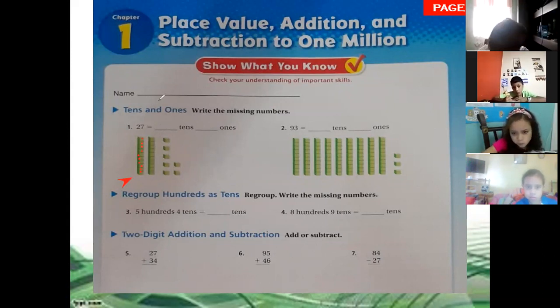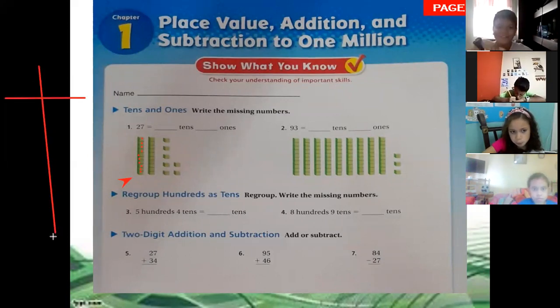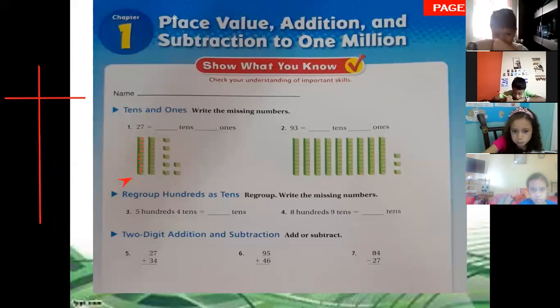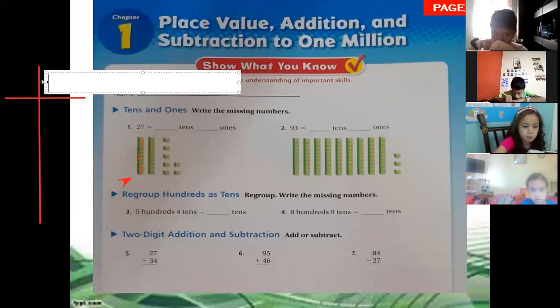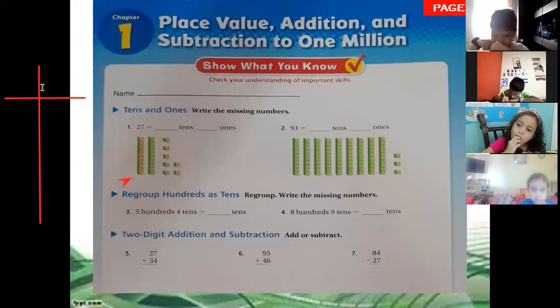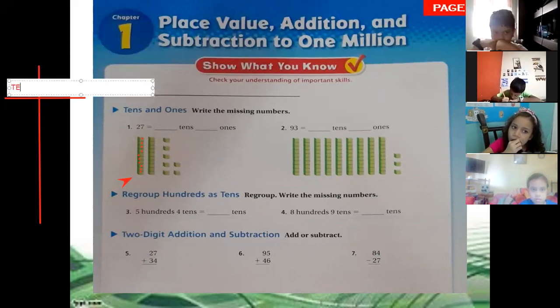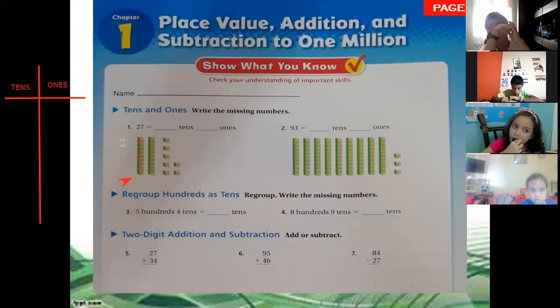If you remember the place value chart, let me draw the place value chart here. We have tens and ones.